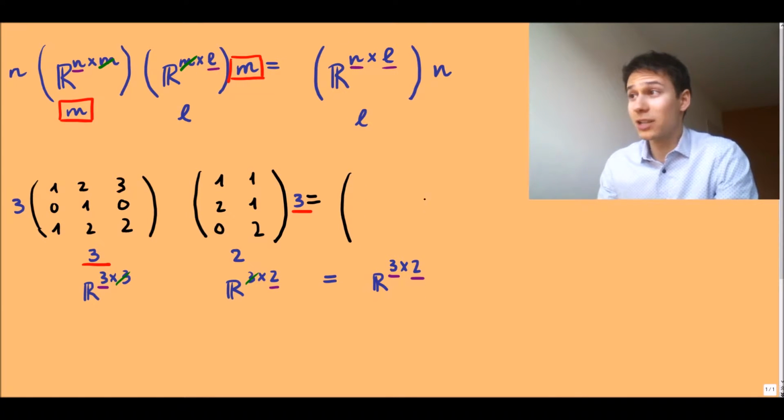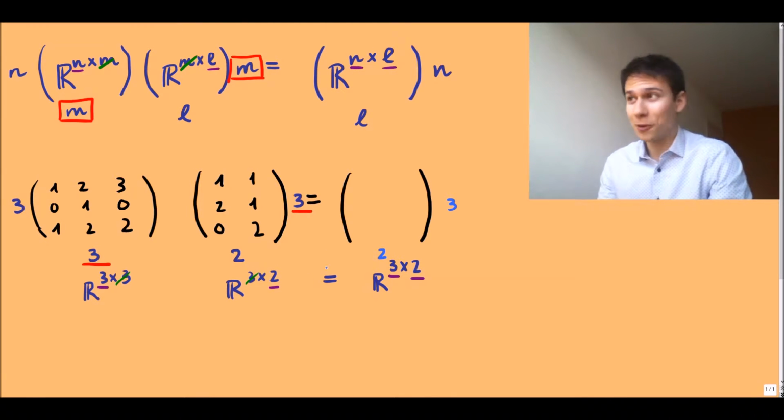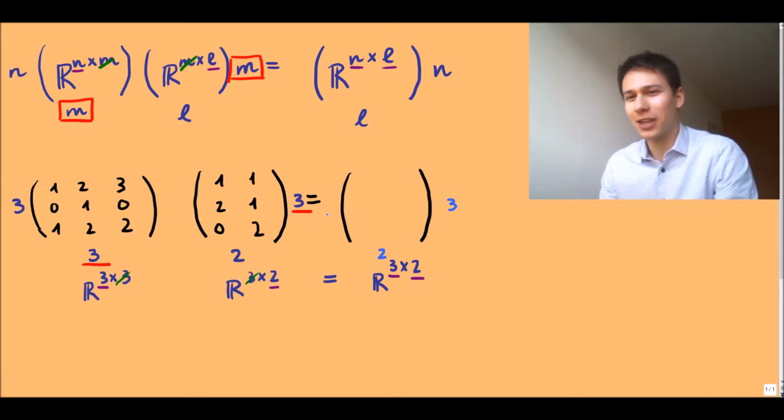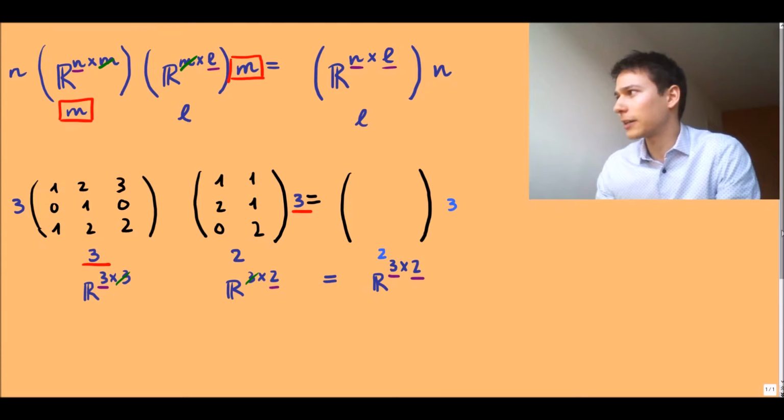So the resulting matrix is gonna look somewhat like this, with 3 rows and 2 columns. And our job is now to find what numbers are in this matrix. So that's the next task that we're gonna try.